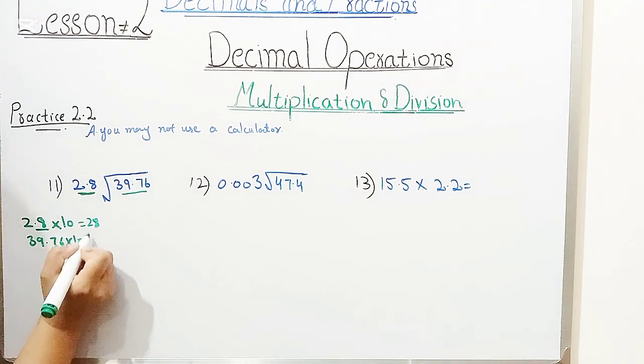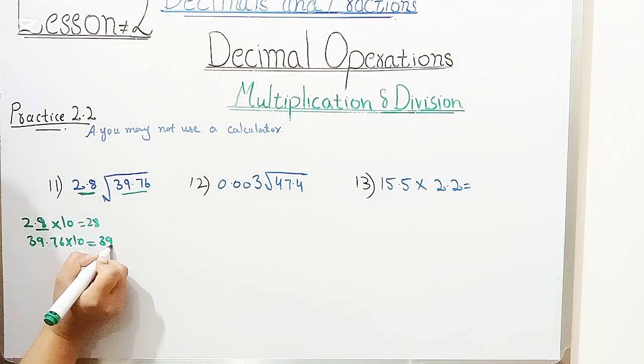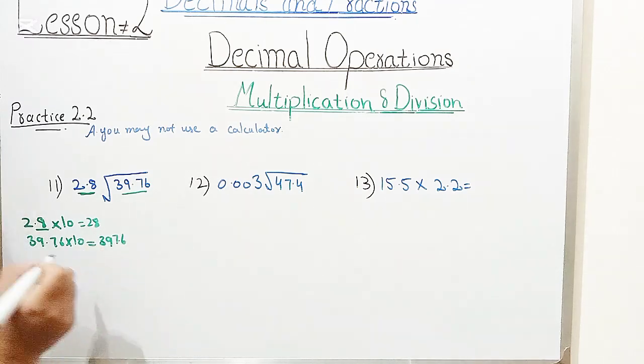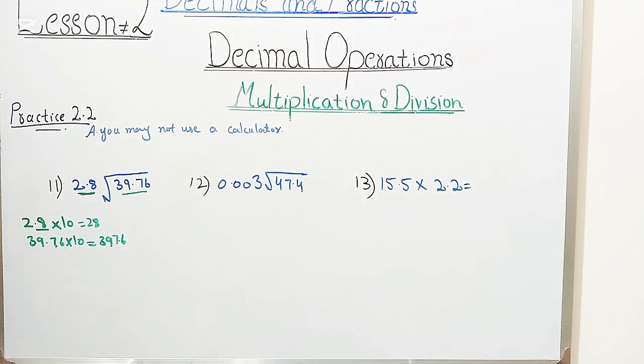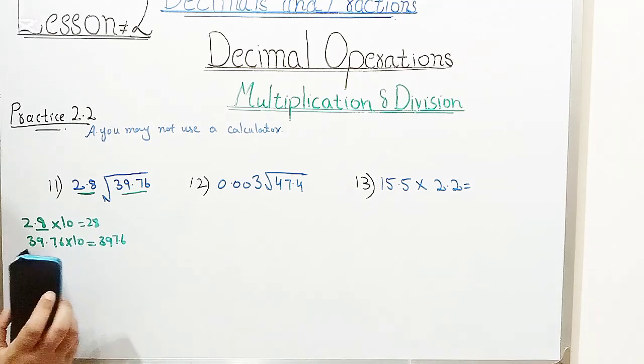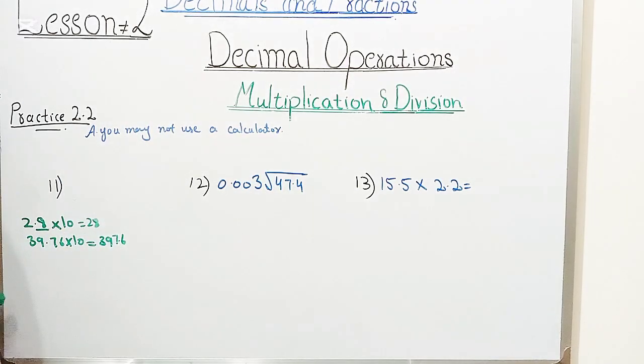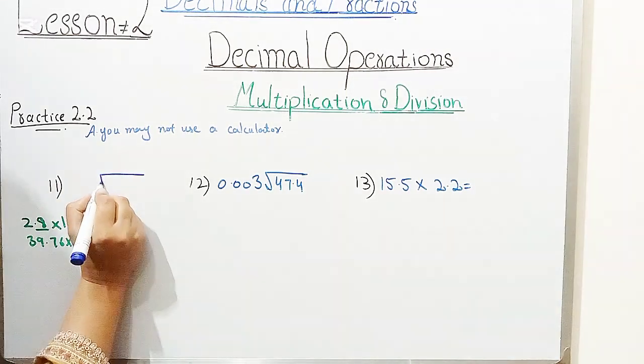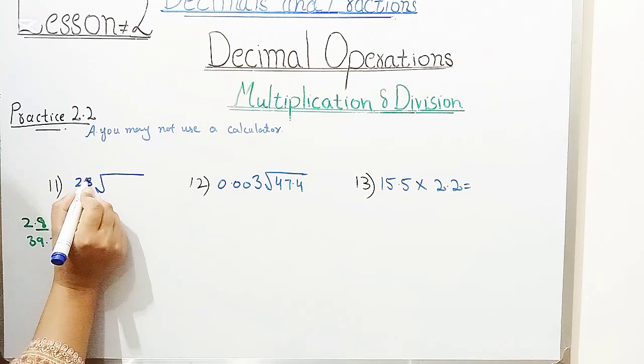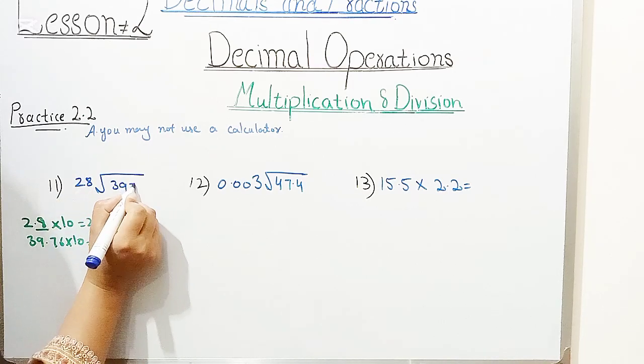Then it will become 28 and 397.6. Okay, now I will write 28 and 397.6.